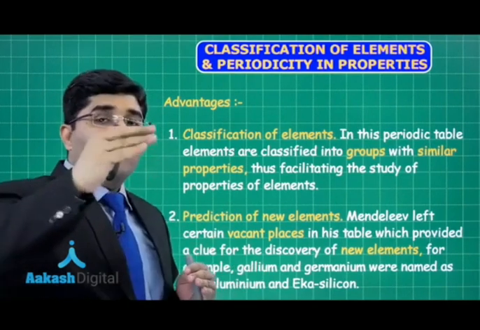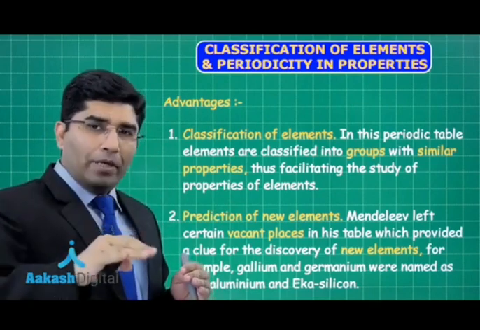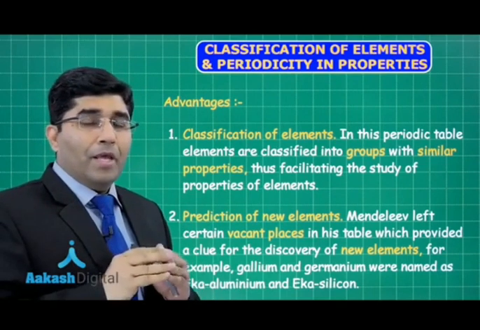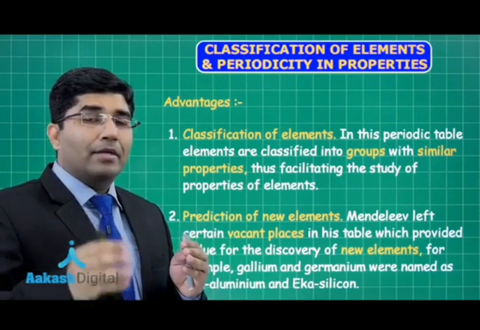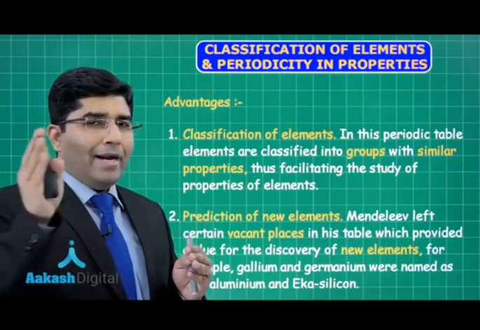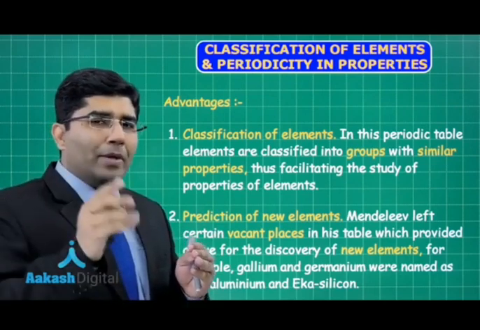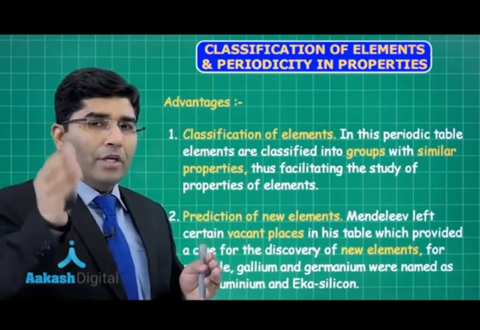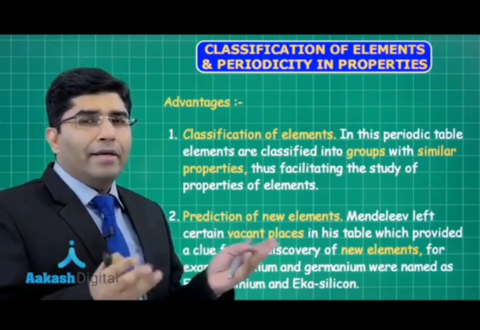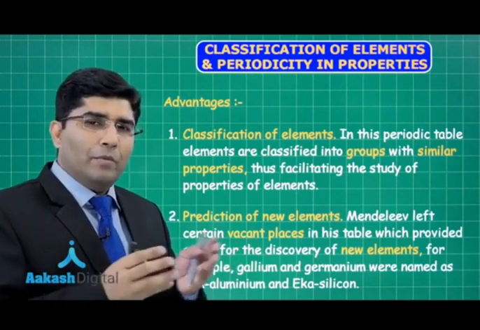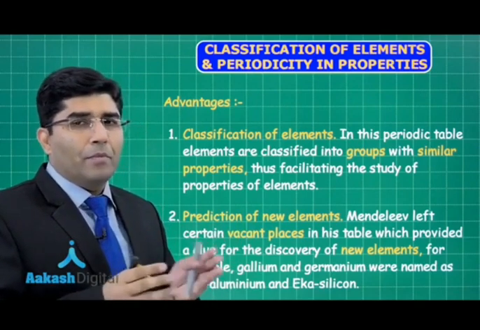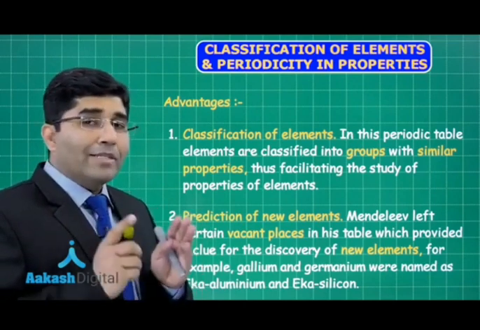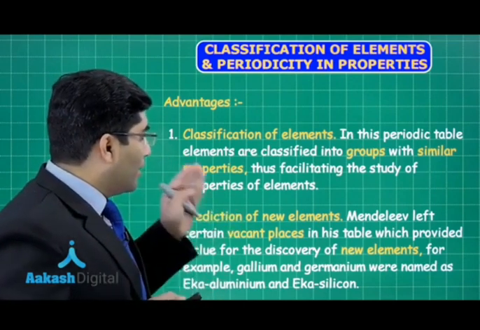He kept vacant space below aluminium and silicon, and he named the elements eka-aluminium and eka-silicon. Eka-aluminium became gallium and eka-silicon became germanium. And we all know that gallium has similar properties as aluminium and germanium has similar properties as silicon. So that's how he predicted some new elements also.